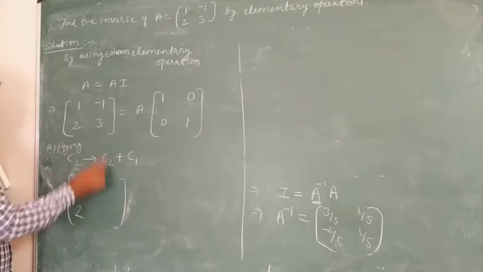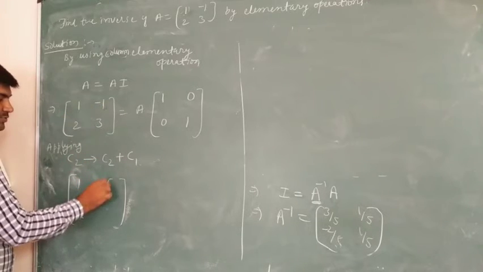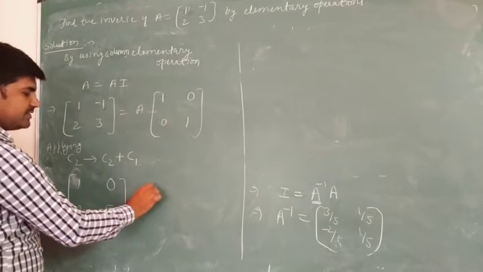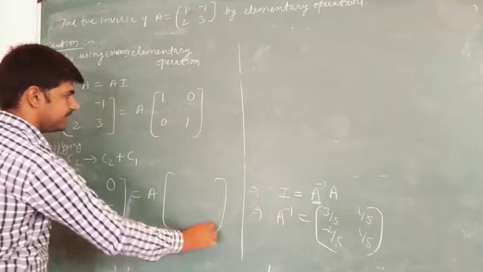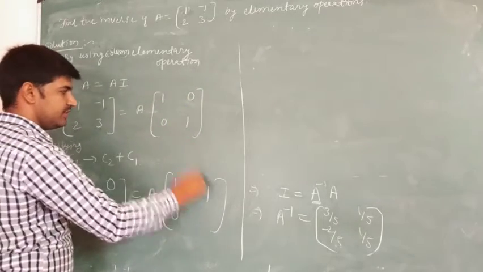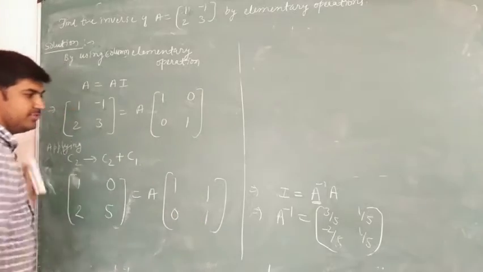So minus 1 plus 1 is equal to 0 and 3 plus 2 is equal to 5 is what we have got. On this side as well we use the same C1 as it is, and this plus this is equal to 1 and this plus this is equal to 1 is what we have got.